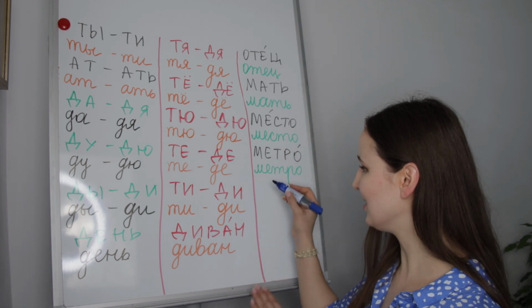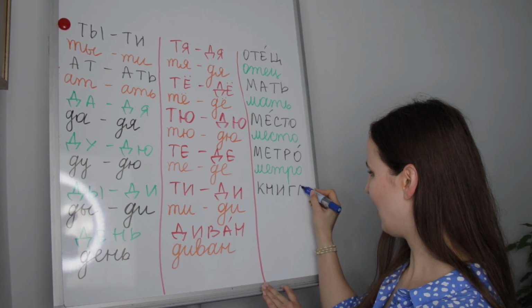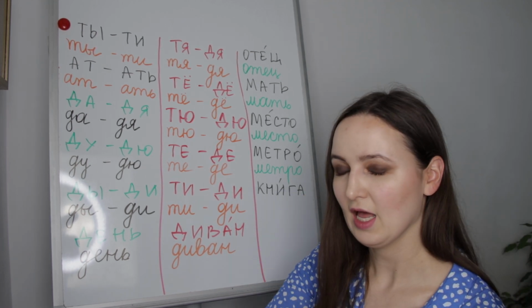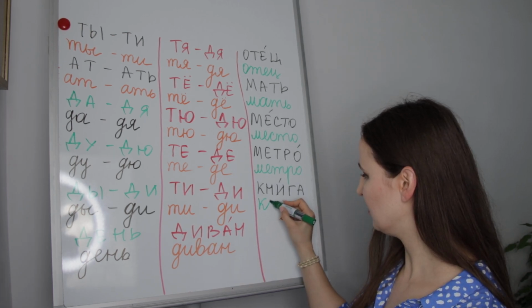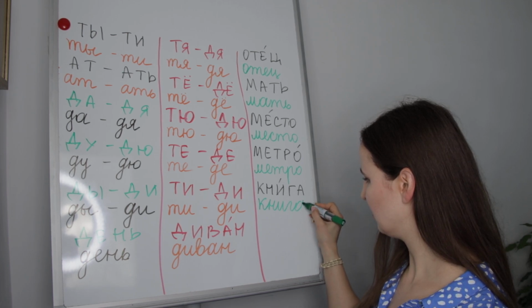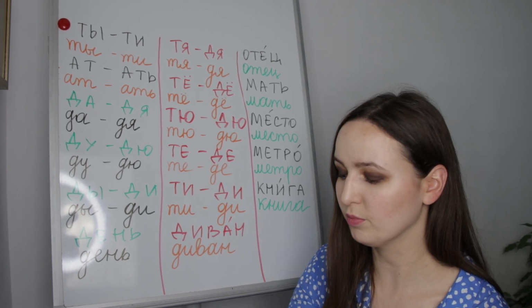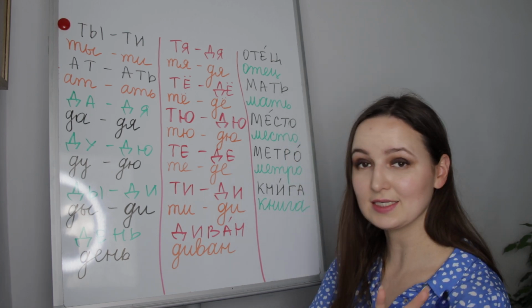Книга. And cursive. Книга. A book. Another word is нет.